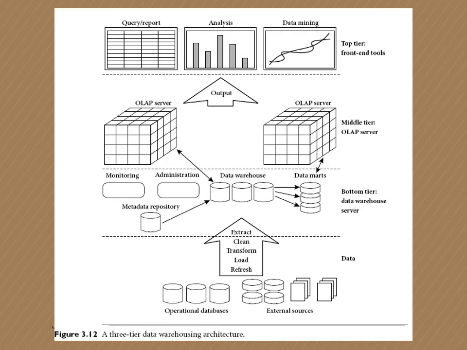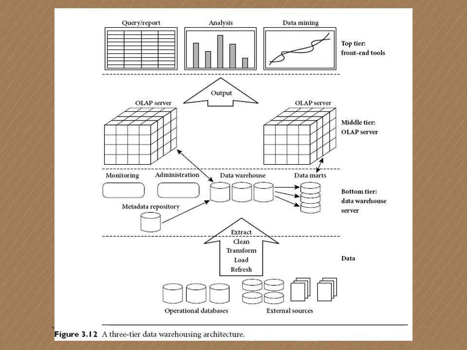And we have data that are in the form of operational databases, or it may be in any other form, or we can extract it from external sources, and we have to do some pre-processing before storing into the data warehouse, including extraction, cleaning, transformation, loading and refreshing.